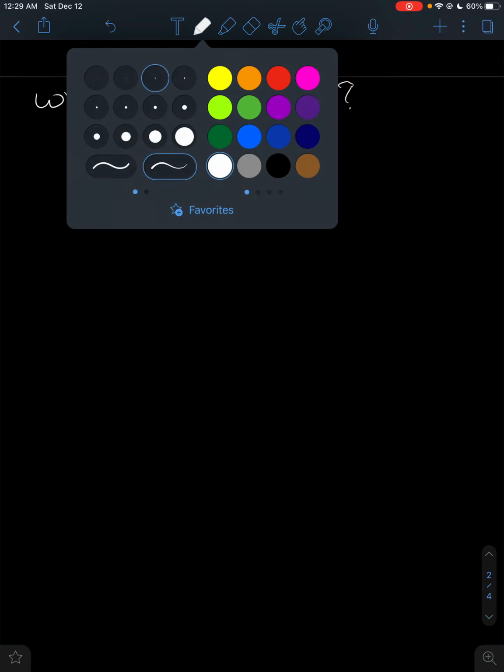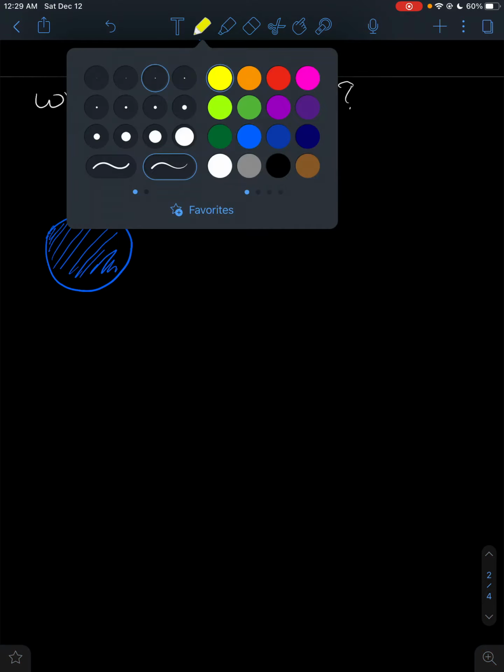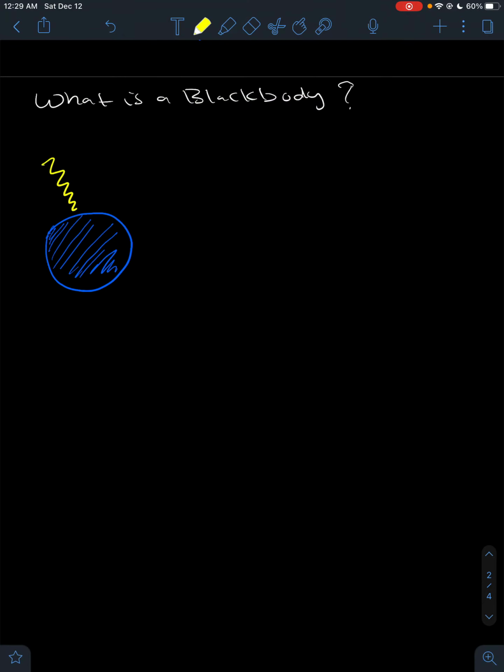Now, first we must ask, what's a blackbody? Well, a blackbody doesn't have to be black, actually. It's just an object, and the object gets some light. The object absorbs light.